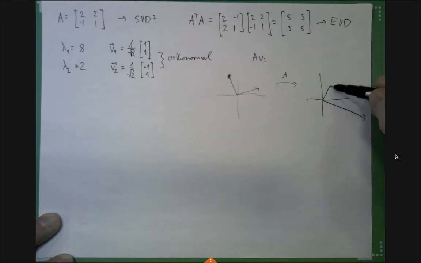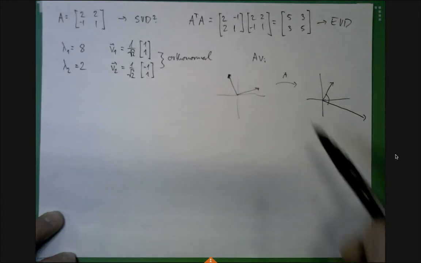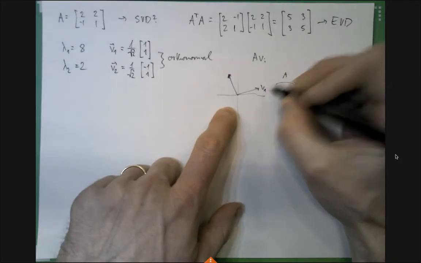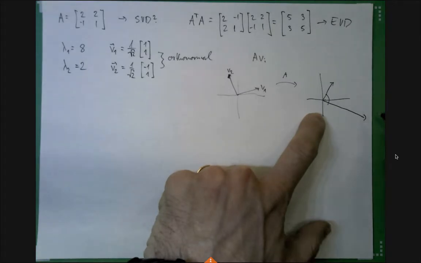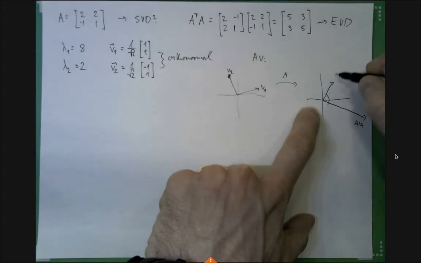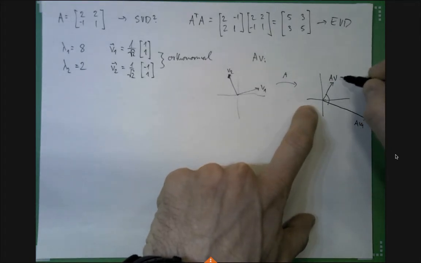This time the scales can be different, but there has to be a right angle. If this is V1 and V2, this is not to scale, by the way, just a generic picture, this would be AV1 and AV2.